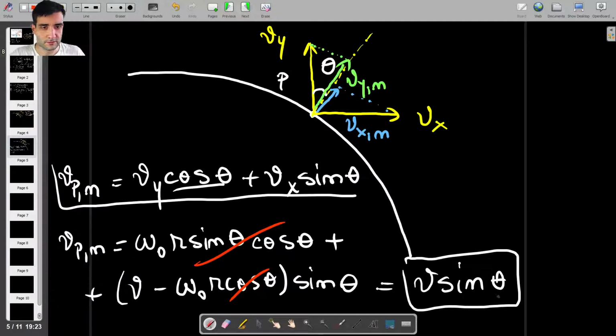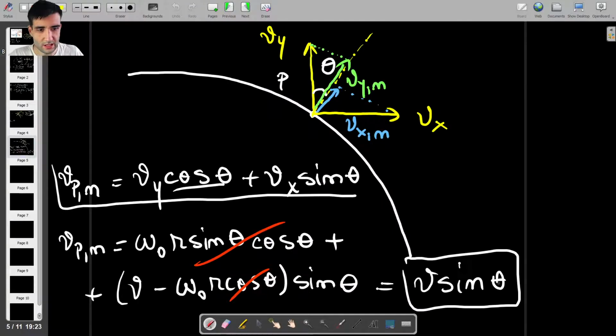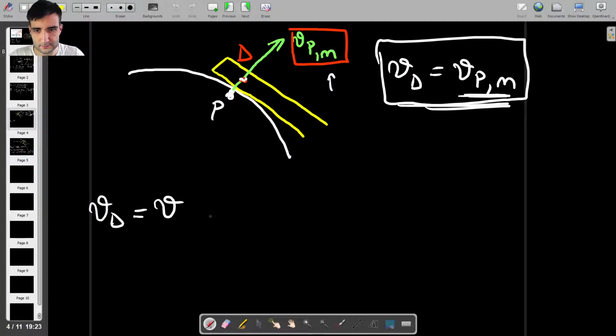So V sine theta is therefore the velocity of the lever at point D, which is sitting on the lever, right? So I'll say that the velocity of D is going to be equal to V sine theta.